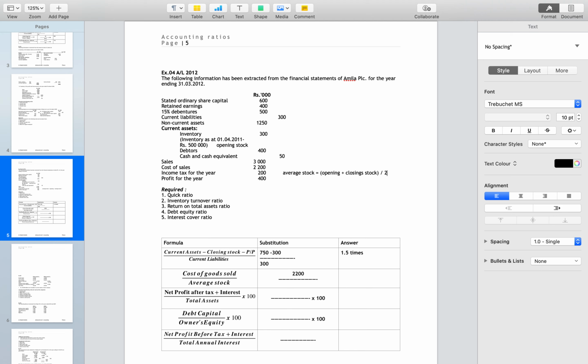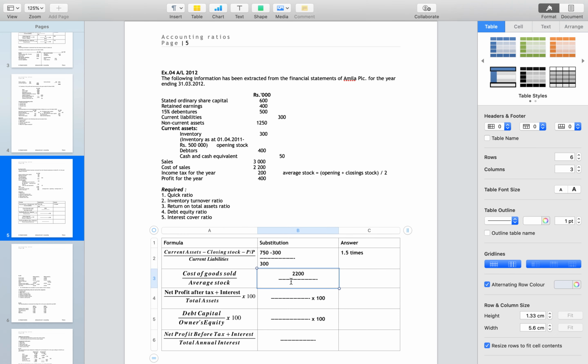So remember again how to get average stock. Generally, it's opening stock plus closing stock, you divide the whole thing by 2. So let's search for the opening stock. This is the reason why they have given us the opening stock over here. Opening stock, as you can see, is 500,000, so we'll take that as 500 over here.